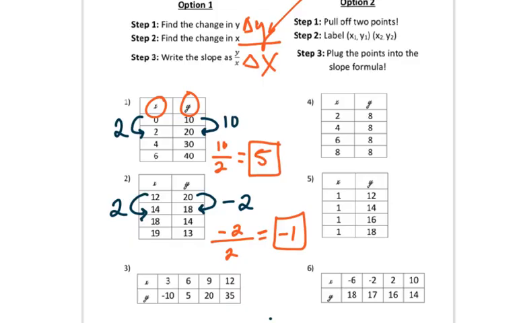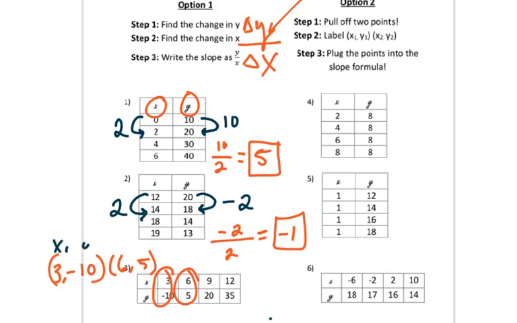If you struggle in knowing what the change is, option 2 says that we can pull off 2 points. So if I look at number 3, I'm going to pull off the point 3, comma, negative 10. I'm going to pull off the point 6, comma, 5. So we could also use what we did on the last page.